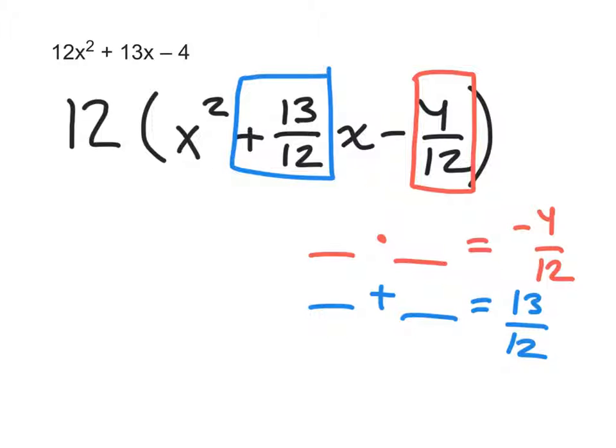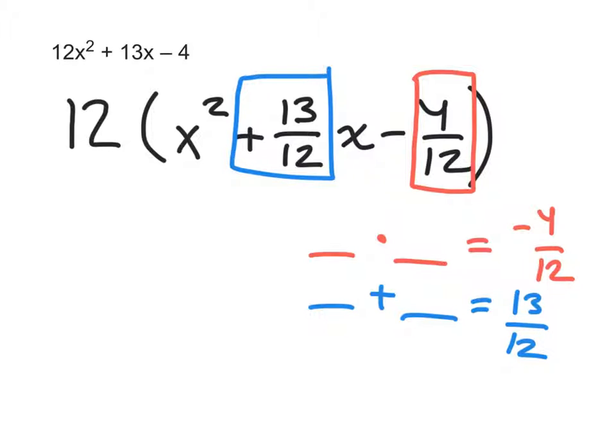Now, you might be thinking, how in the heck am I supposed to see this with all these fractions? Well, I know when I add two 12ths together that they're going to get 12ths, but I don't know how I'm going to see what happens when I multiply them together.